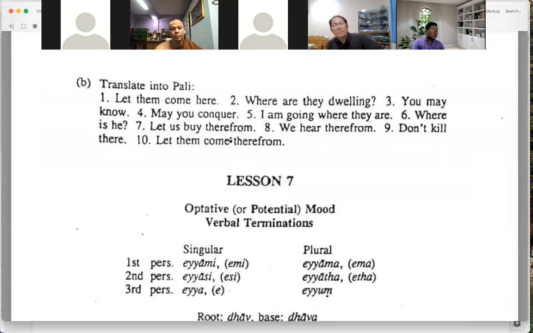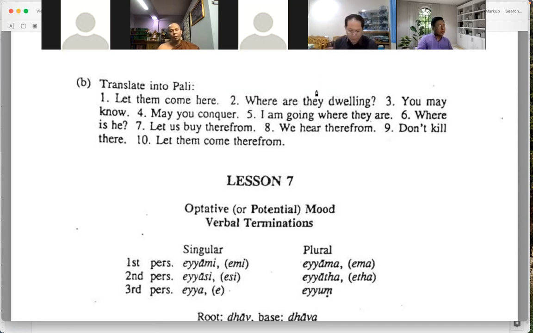Now next, number 2. Where are they dwelling? Here in English, this is question form, right? Asking a question. Not where they dwell. If we used where they are dwelling, where would be a relative pronoun and there would be another sentence. But here, where are they dwelling is a question form, so this where should be an interrogative adverb: kuhim or kattha, anyone you like.